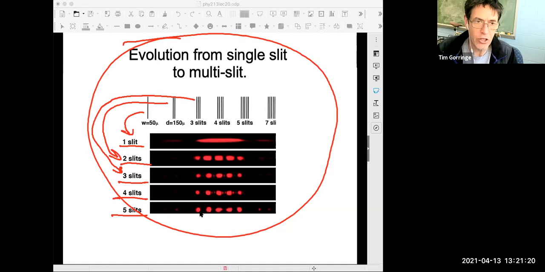I'm just showing you the walk from 1 slit to 2 slits to 3, 4, and 5 slits. You can imagine in your head what happens when you go to thousands of slits. There are huge expanses of destructive interference and then tiny specks or dots of constructive interference.